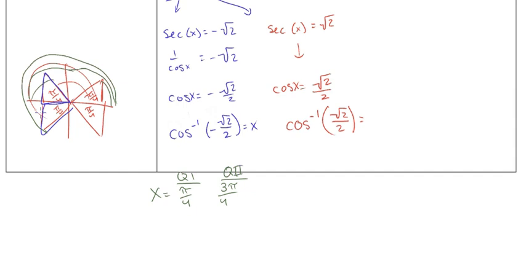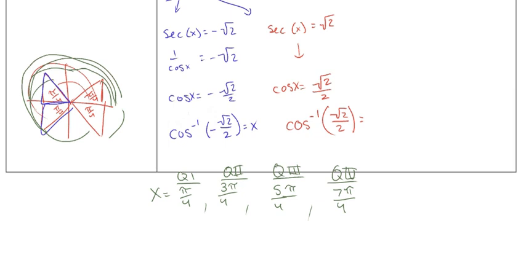In quadrant 3, it's pi plus pi over 4, so we have 5/4 pi, or 5 times pi over 4. And then in quadrant 4, all the way around, it's 2 pi minus pi over 4. What is that? 7/4 pi, or 7 pi over 4. All right, so the absolute value gave us 4 different answers here.